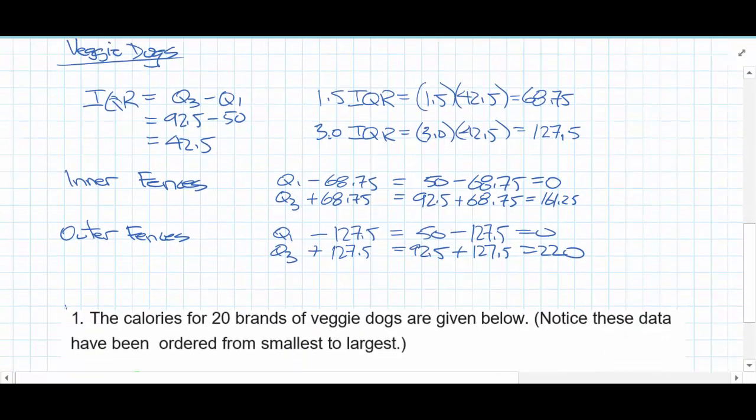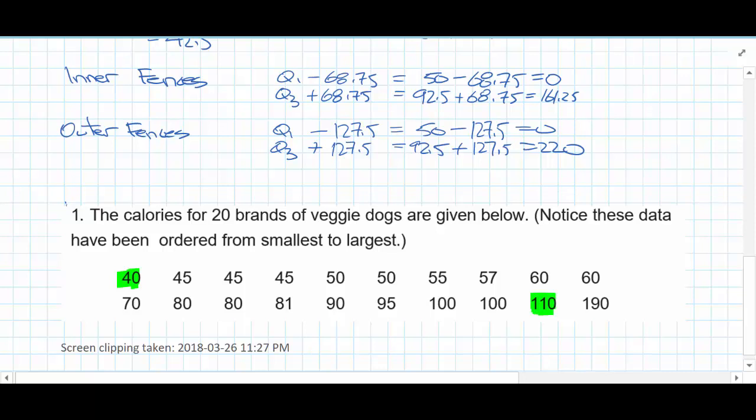So here's the data. We're going to put the lower whisker on our modified box plot by deciding what's the smallest data value in our set that is still within the inner fence.